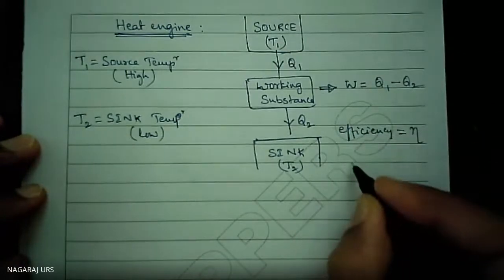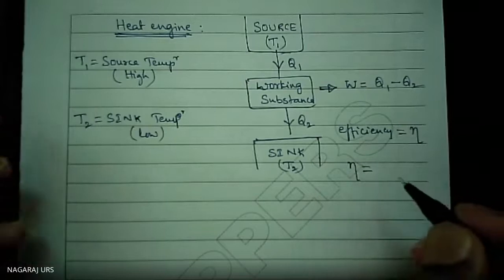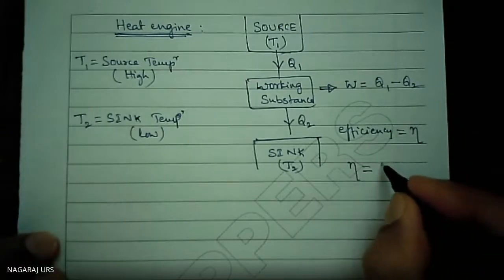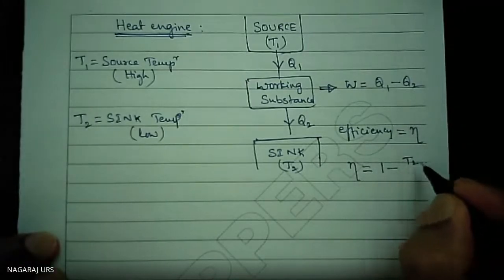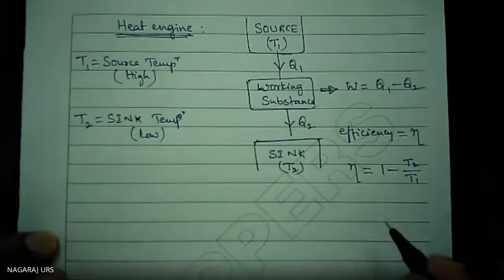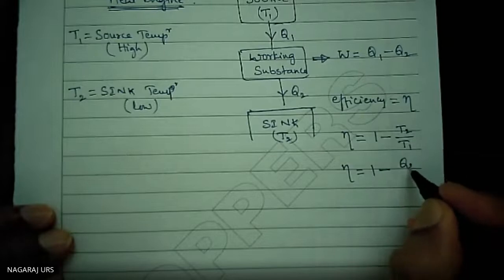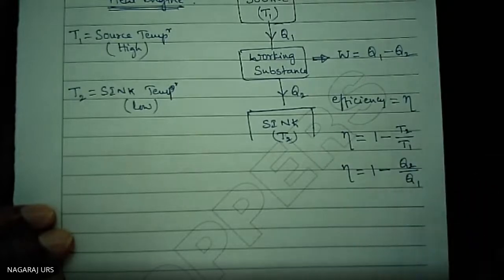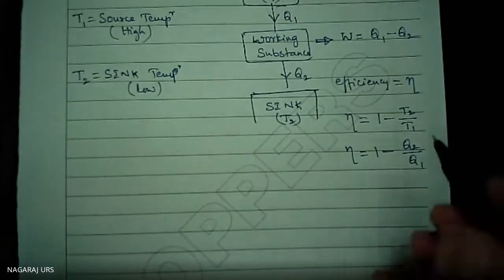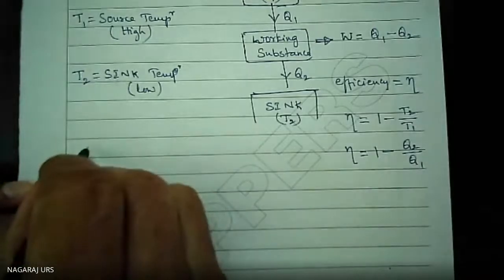eta. Efficiency eta is given by the formula 1 minus T2 divided by T1. This can also be written as 1 minus Q2 divided by Q1. Therefore, these two are equal to each other.